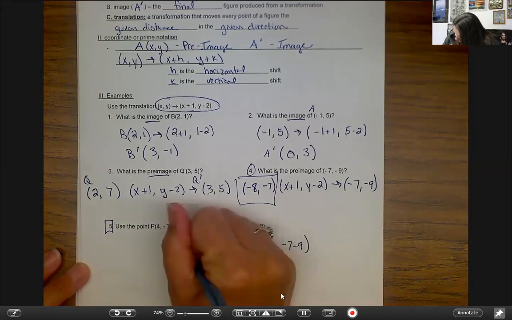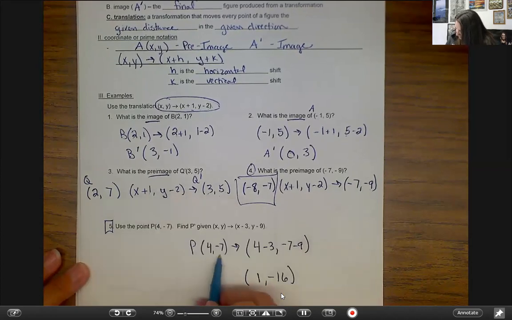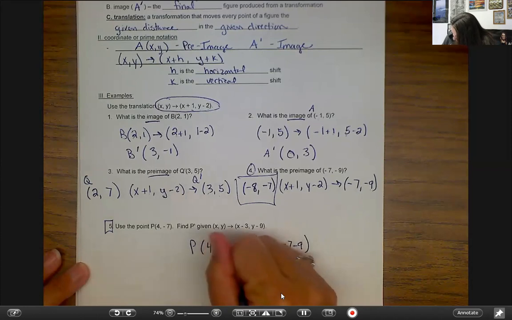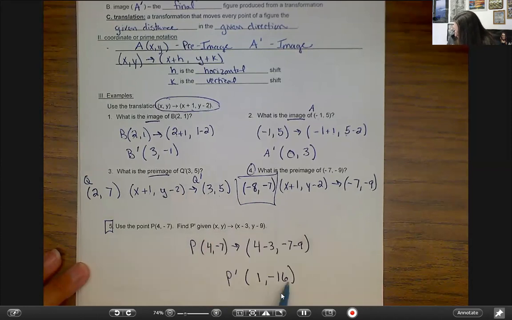Okay, so P begins at (4, -7). P prime ends at (1, -16). You should see that if you took 4 minus 3, that would take you to 1. And then plug in the -7. -7 minus 9 takes you to -16.